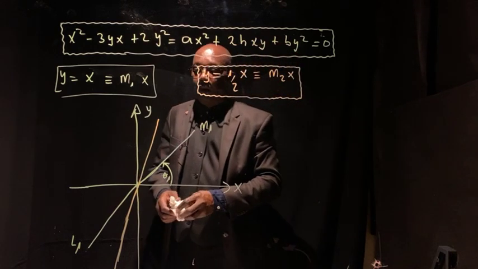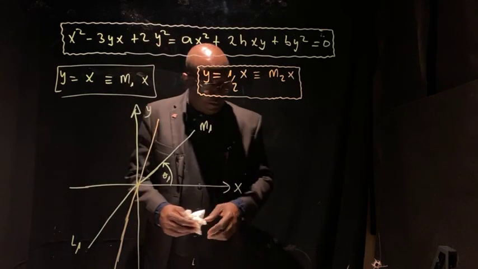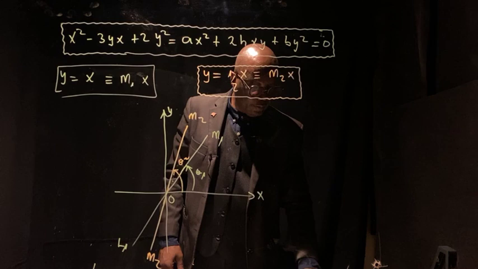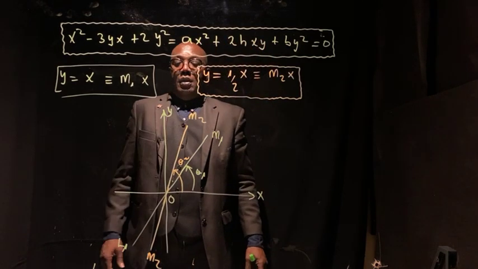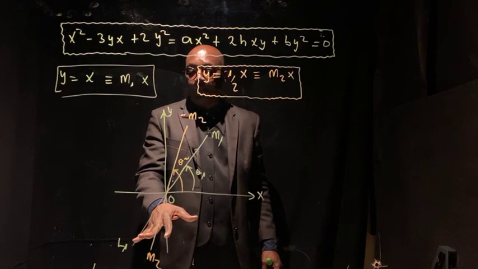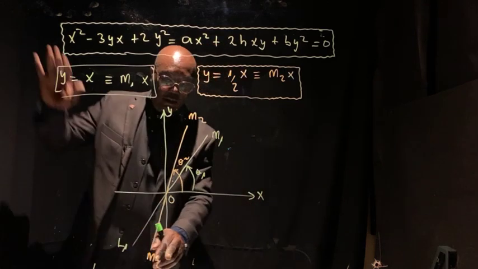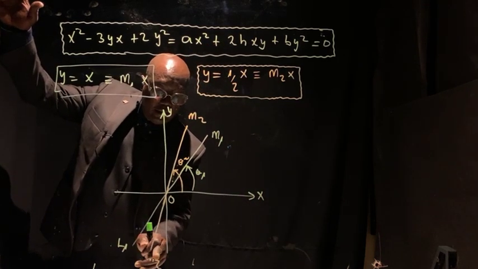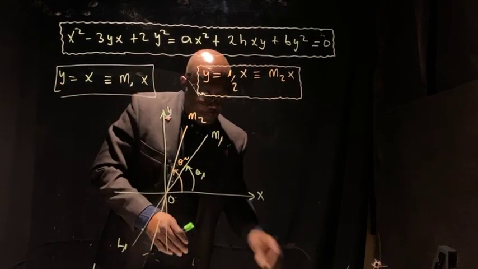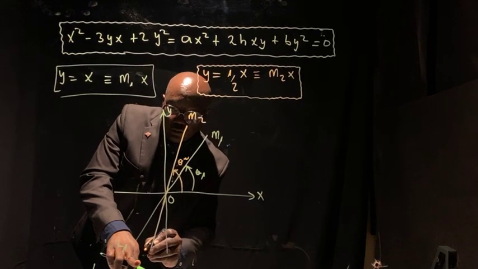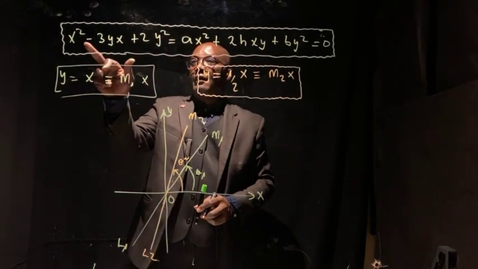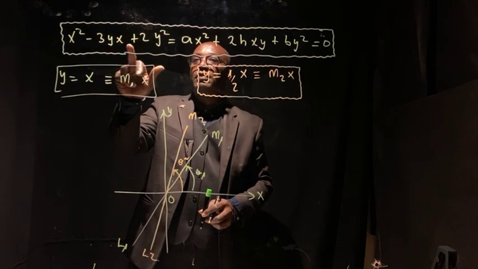Maybe I have to resketch it. Good. So these lines, sorry, this is L2, L1 and L2 represent x squared minus 3yx plus 2y squared.